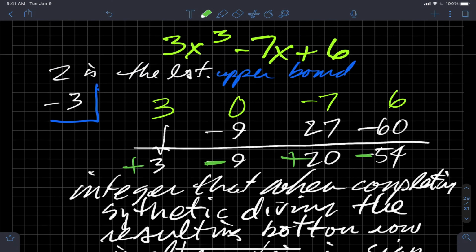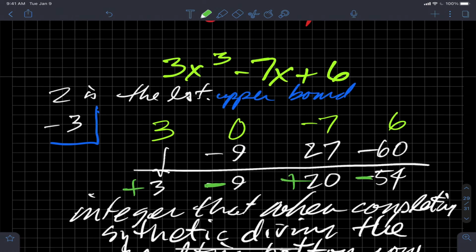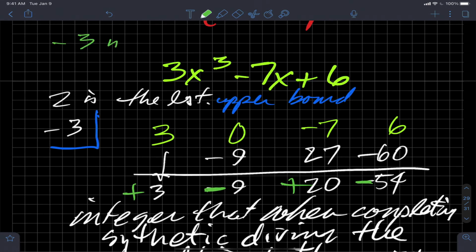So we now know that -3 is a lower bound. But again, not super helpful. I can't write lower. Is a lower bound. So not super helpful, just somewhat helpful.